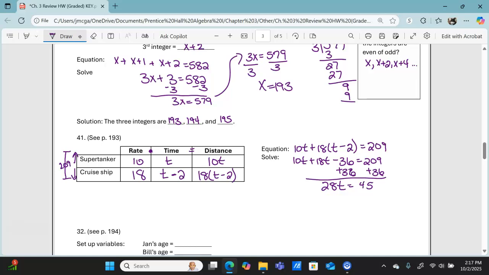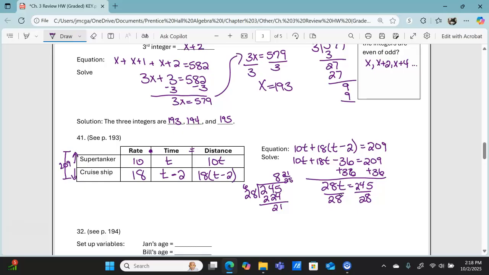245. Okay, so when I divide both sides by 28, I started the division over here. It'll go in 8 times, leaving me with 21.